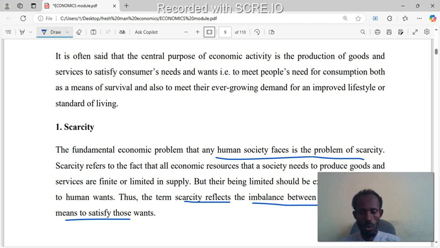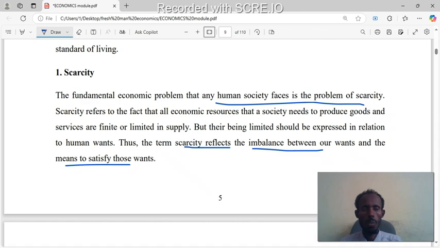The economic resources that a society needs to produce goods and services are finite or limited in supply. But our human wants are unlimited, while resources are limited. So there is an imbalance between human wants and the resources available to satisfy those wants.